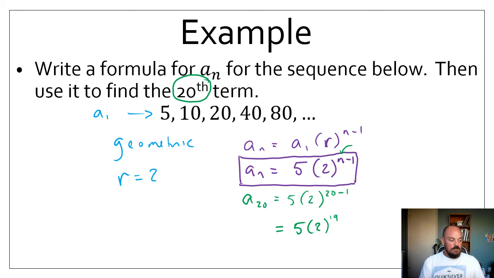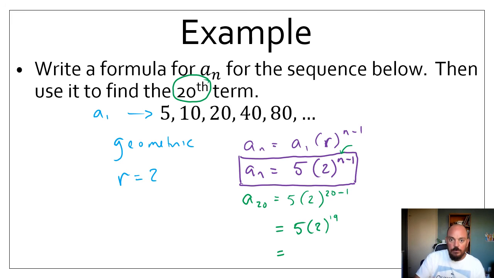Now this is definitely a calculator question. I don't want you to try and do this by hand. What it means is 5 times 2 times 2 times 2, 19 times. I don't want you to type that into your calculator. Use the exponent button. Just type 5 times 2 to the 19th power. And I will check and come back.